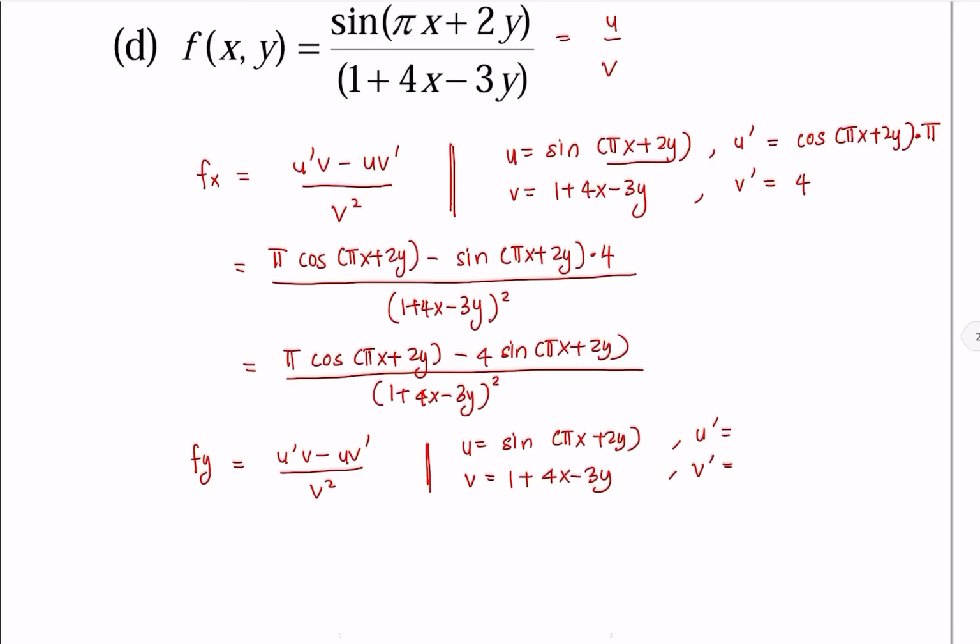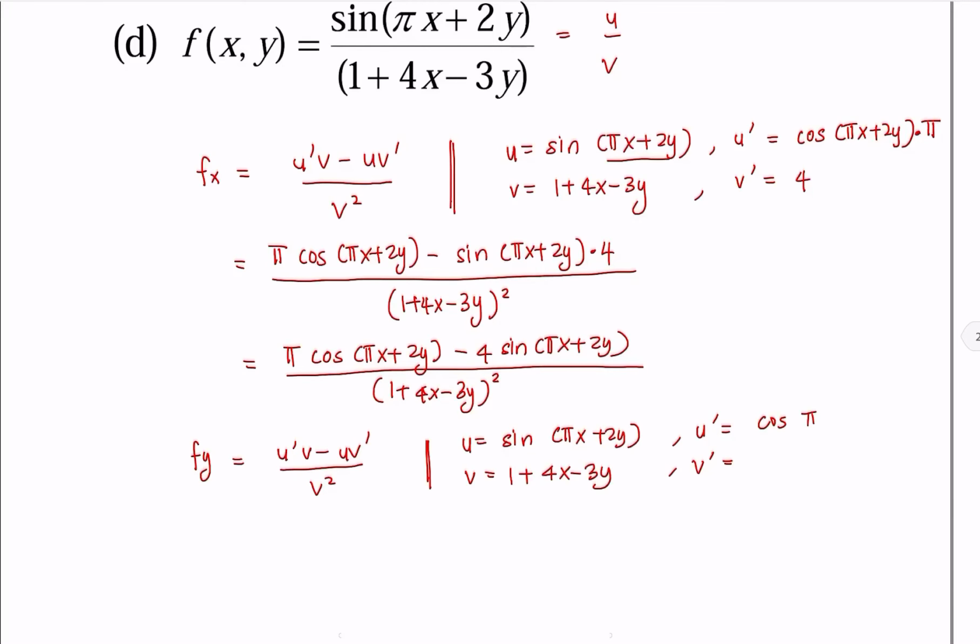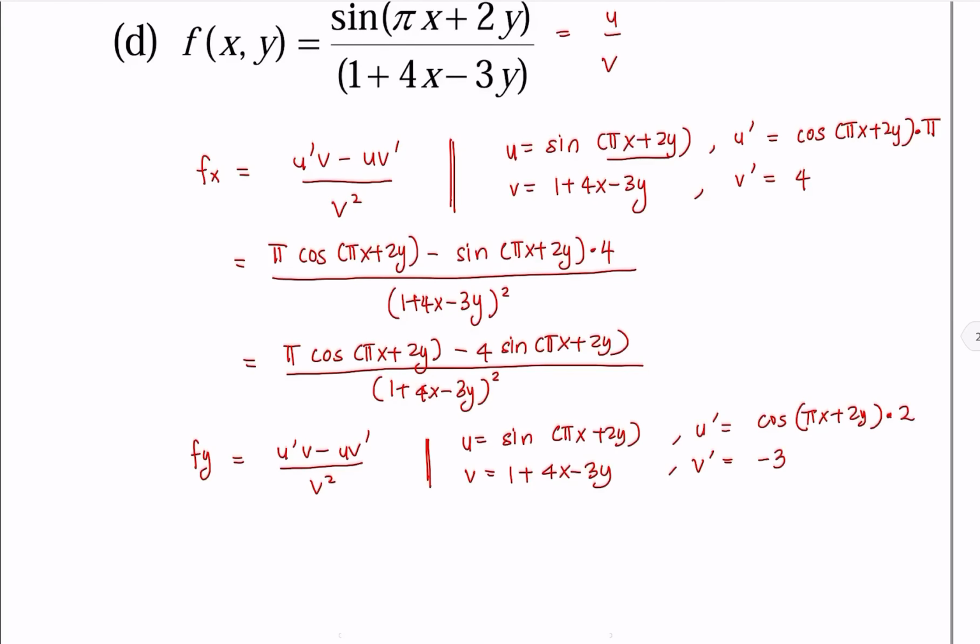For u', this one is still the chain rule. We differentiate sin, which gives cos(πx + 2y), and then we differentiate πx + 2y with respect to y, so we obtain 2. For v', differentiating 1 gives 0, differentiating 4x also 0, and differentiating −3y we obtain −3.